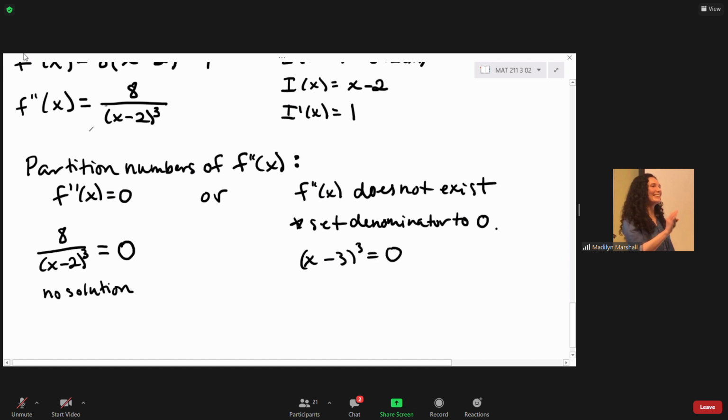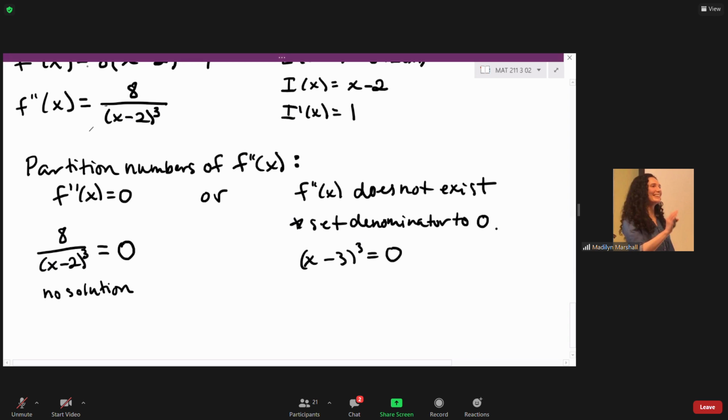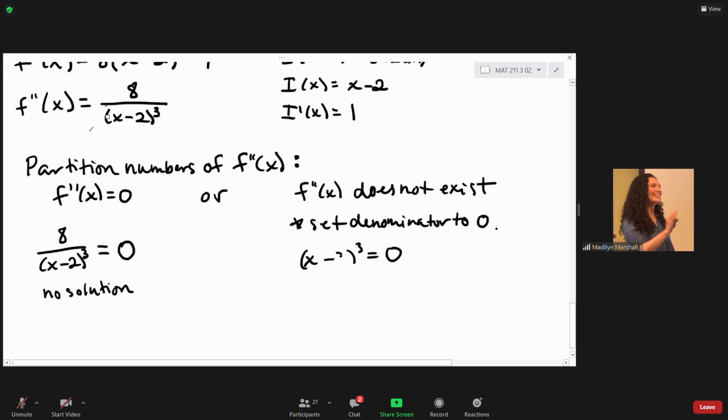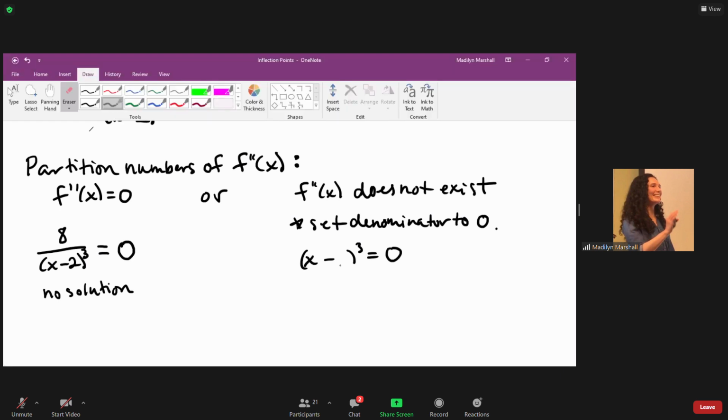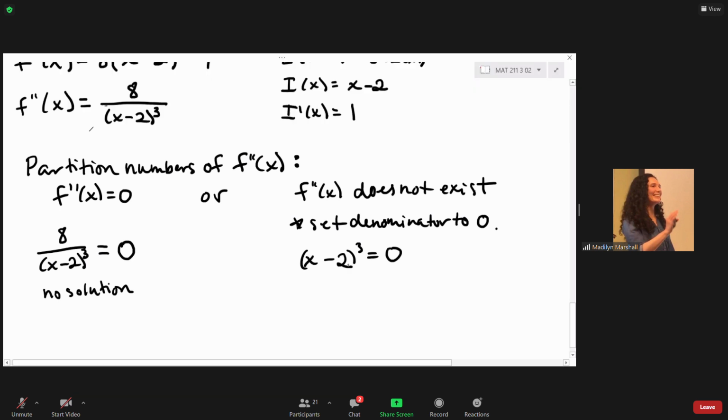That should be a 2, excuse me. So it does not exist whenever the denominator is 0, so we can set that denominator to 0 and solve. If x minus 2 cubed equals 0, that means x minus 2 must equal 0. Or we could think of it as taking the cube root of both sides, and cube root of 0 is 0.